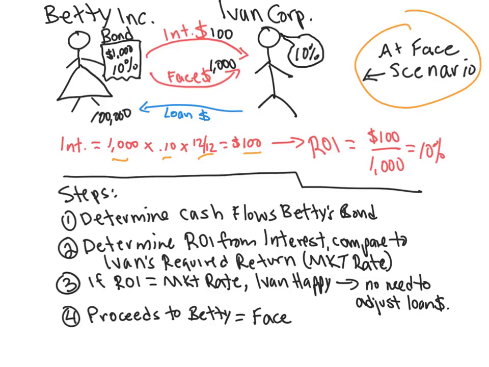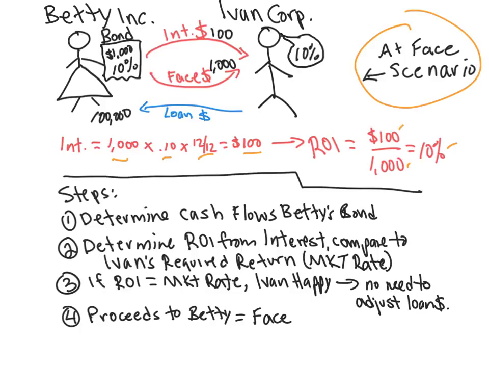Given that there's no premium and no discount, the only amount that Ivan will get on these bonds is the interest. So it will be $100. You divide by the investment of 1,000, which is the same as face, as you remember, since there's no premium and no discount. That means Ivan gets 10%, and that's obviously what he's looking for, since the market rate is the same as the contract rate.